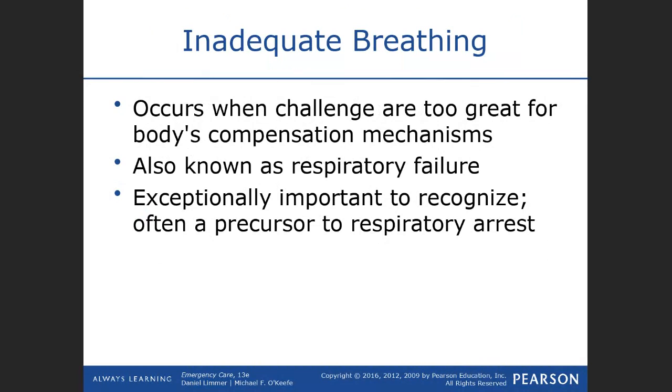And this is where we start to get into the inadequate phase of breathing. It occurs when the challenges are too great for our body's compensation mechanism, also known as respiratory failure. Exceptionally important to recognize, it often leads to respiratory arrest.